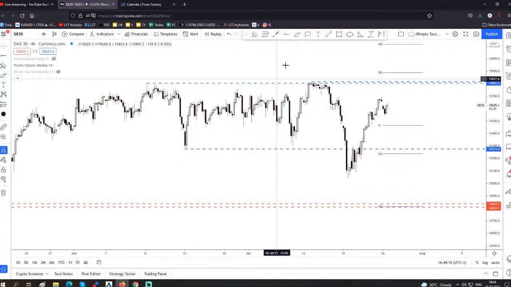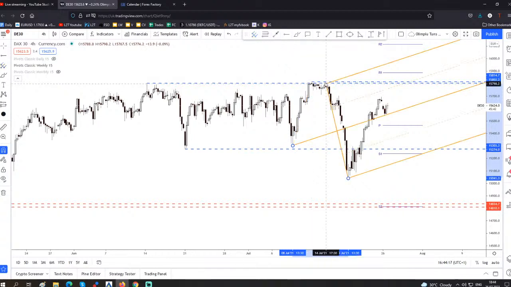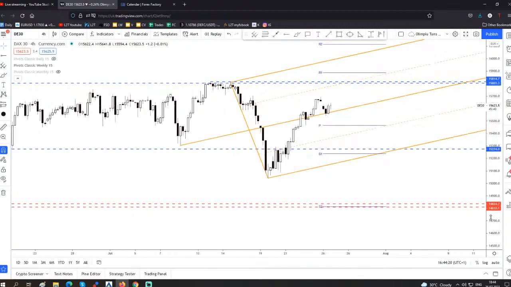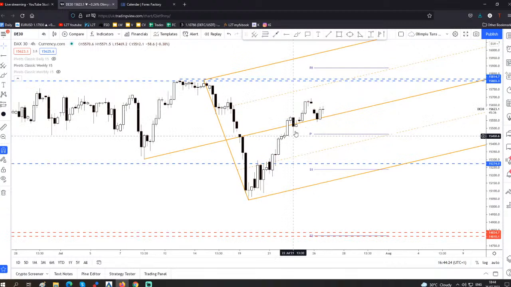Let's try to draw something here, maybe something like this. So a temporary drop after jumping far above the median line.